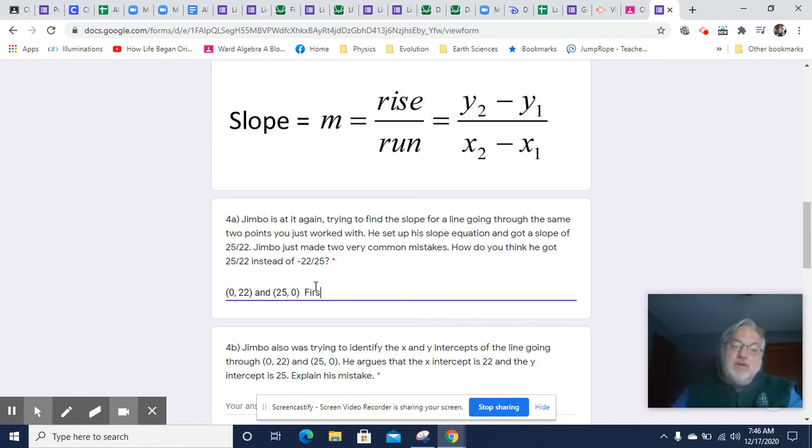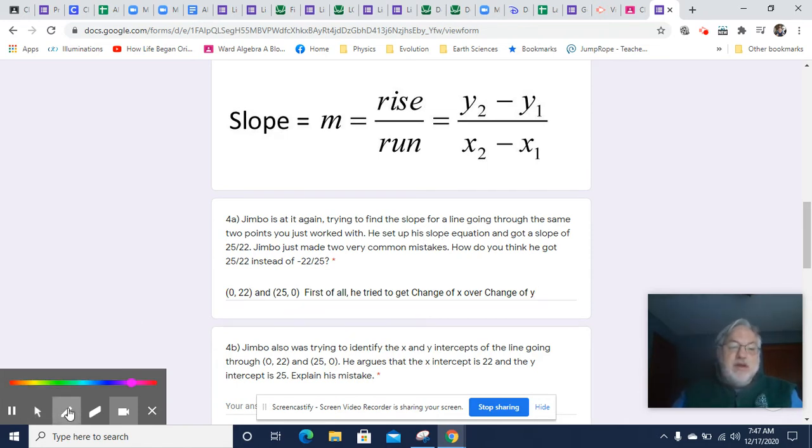So first of all, he tried to get change of x over change of y. And so when he set this up, he put the x change over the y change. So he did run over rise. But the other thing he did was he did his subtraction back in 2 different directions.